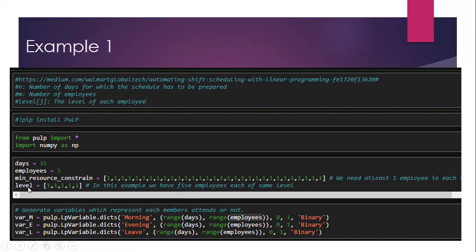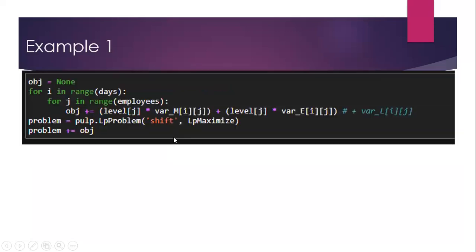The employees are of the same level in this example. Then we have the shifts as morning shift and evening shift, and we have only two shifts in this example. Either the person is on morning shift or evening shift, or a person is on weekly off or on leave. So these are the ranges, and this is a binary situation.